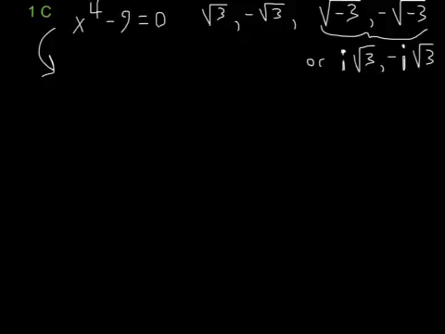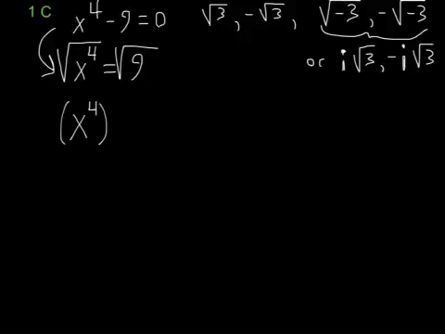Now here we go. Let's add 9 to both sides. x to the 4th equal to 9. What we're doing is very similar to what I was doing before. Now let's take the square root of both sides. And this is going to be equal to x to the 4th. Now recall one thing, square root is the same as 1/2 power.